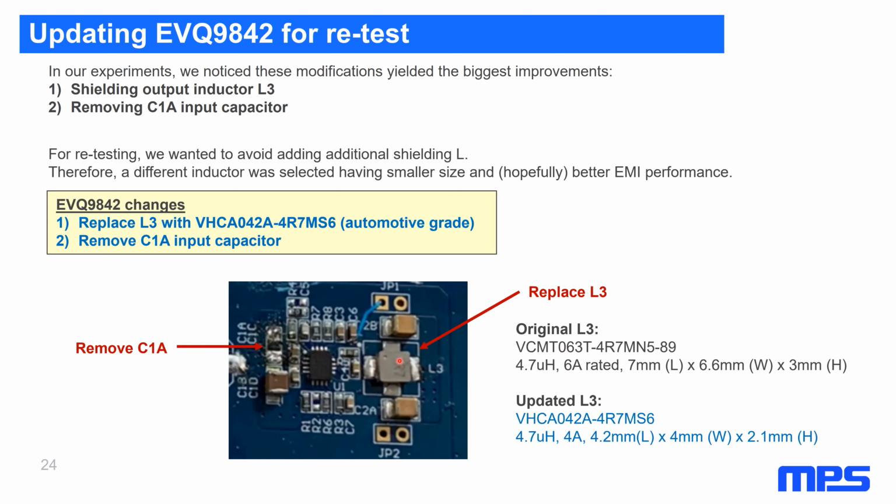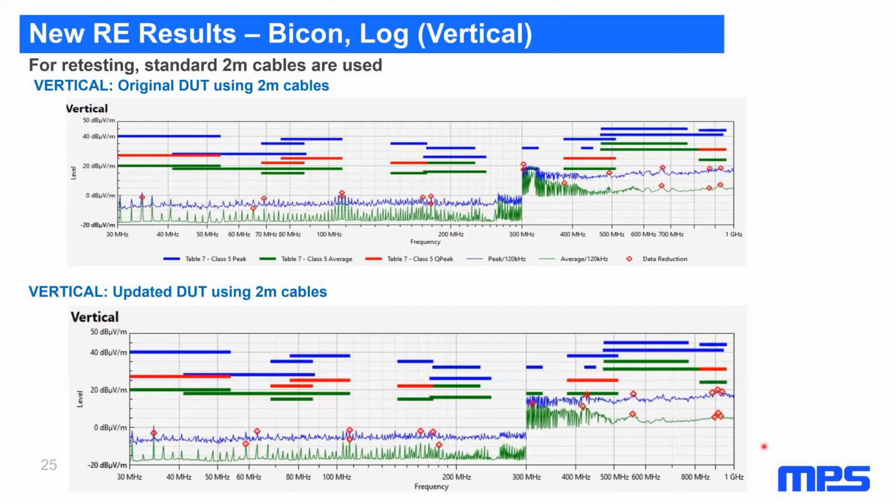So we could bump it down to something smaller, like this 4.7 microhenry inductor, which is closer to 4x4 in area and only about 2 millimeters high. When I did this, I also had to go back to the standard CISPR setup and use 2-meter cables. So I made the changes to the board, added the 2-meter cables back in, and then I retested it.